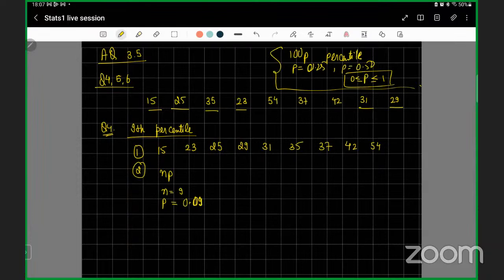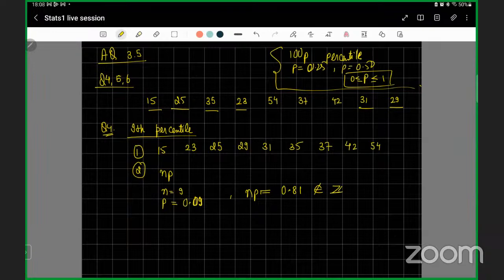All right. So now we have n equal to 9 and p equal to 0.09. So what is np? np is 9 into 0.09, which is 0.81. Now, is 0.81 an integer? No, it doesn't belong to the integers.